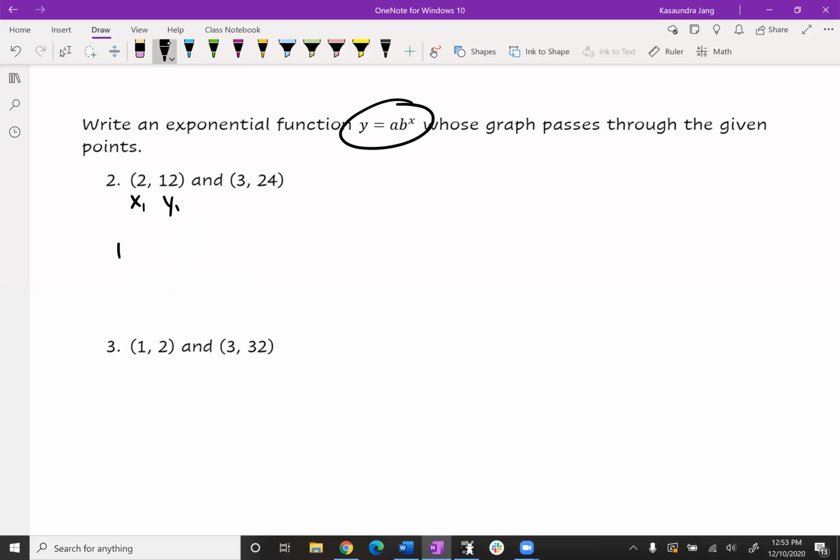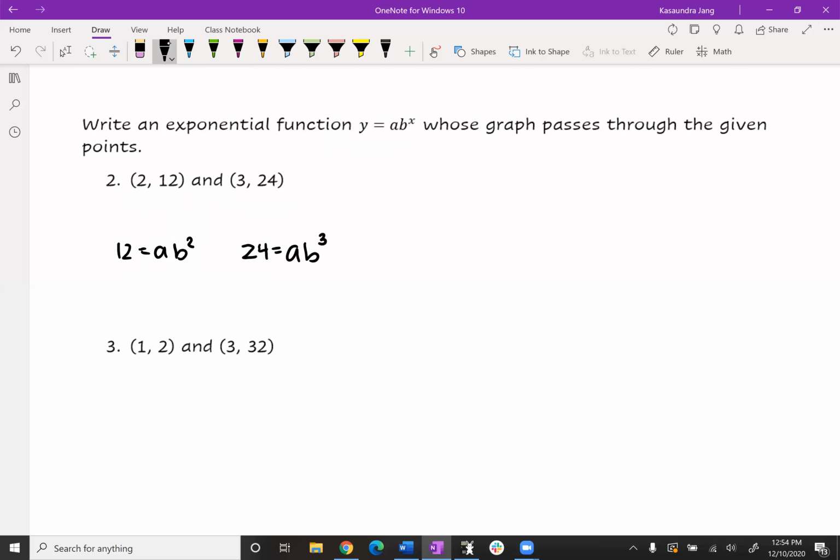So I've got 12 equals a times b raised to the x value, which is a 2 in this case. I'm actually going to do pretty much the same thing with this xy point. My x in this case is a 3, y is a 24, so I get 24 equals a times b raised to the power of 3.